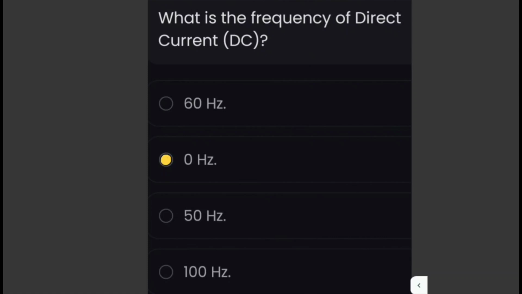In direct current, the charges flow steadily in one direction, while charges keep switching directions in AC, or alternating current. The frequency of direct current is 0 because there are no switching events with direct current.